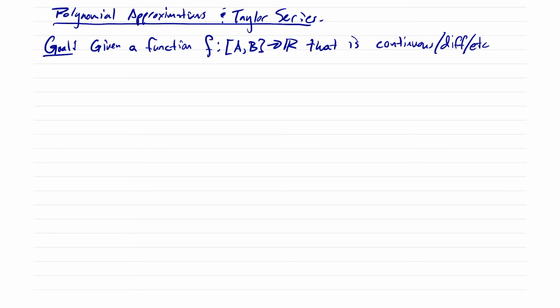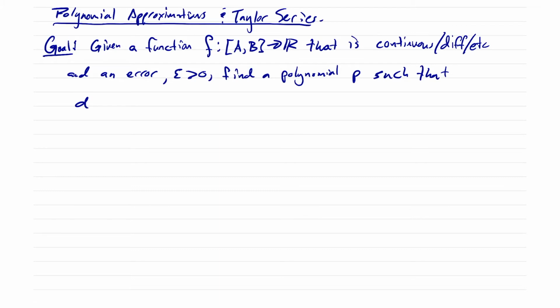So given this function, and to be more precise, an error epsilon greater than 0, find a polynomial p of x such that, say, the distance between f and p is less than epsilon.